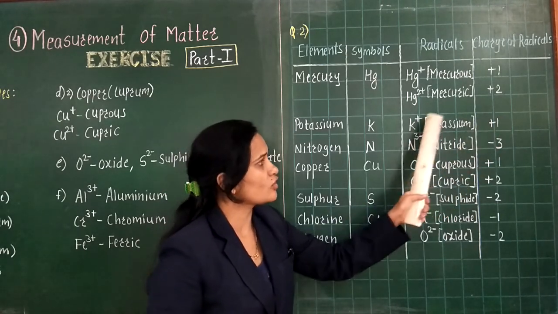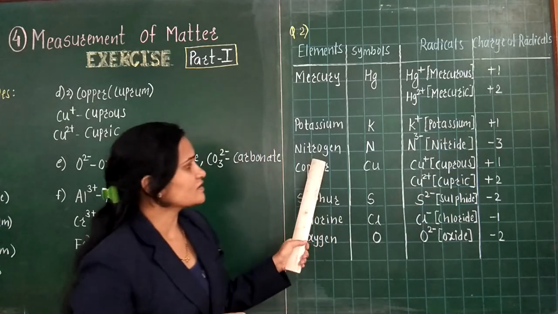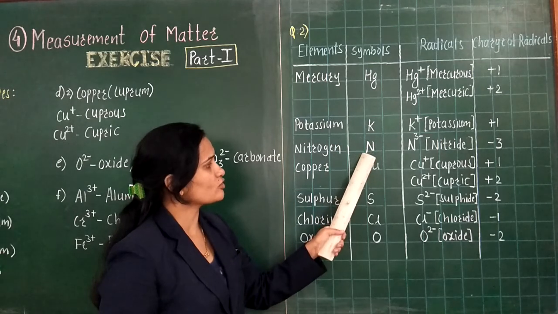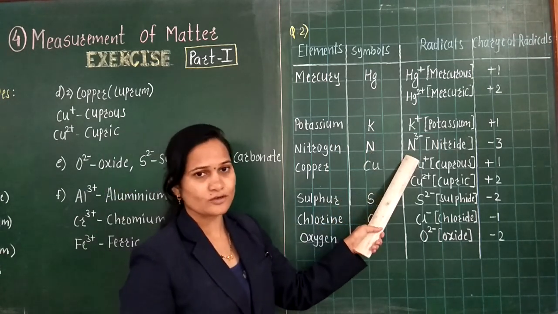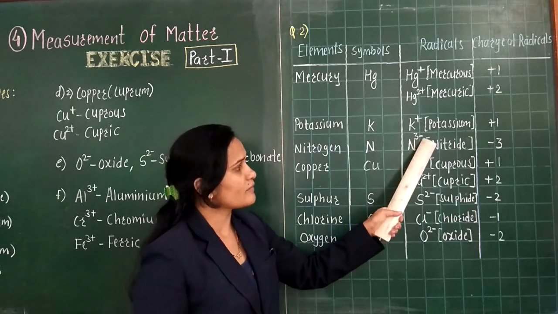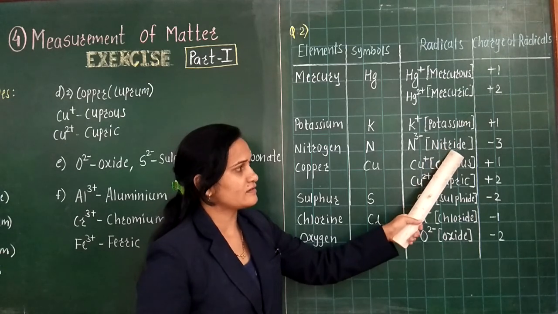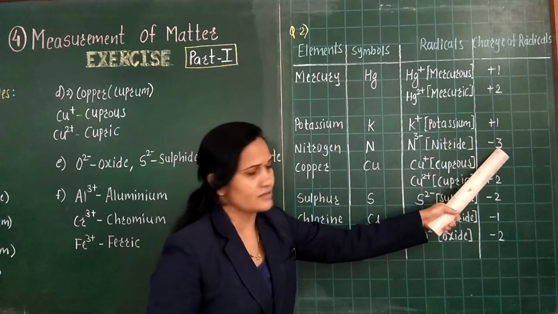If no number is written with the plus, you can mention 1. See the third element, nitrogen. The symbol of nitrogen is N. Only one radical is present in nitrogen, N3 minus. So the name given is nitride, and the charge of the radical is -3.